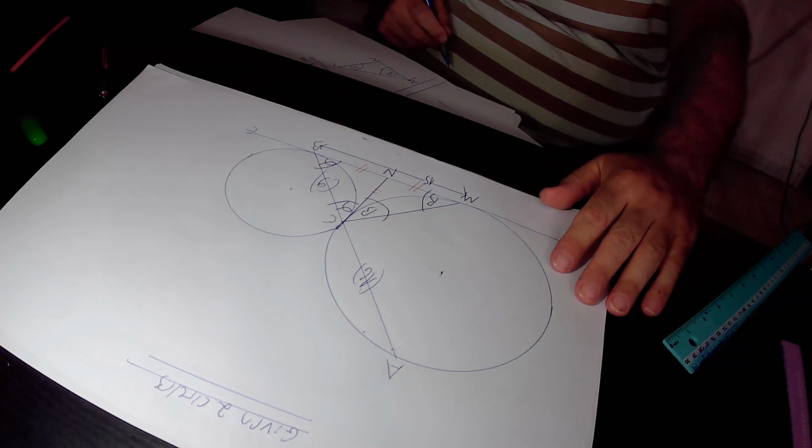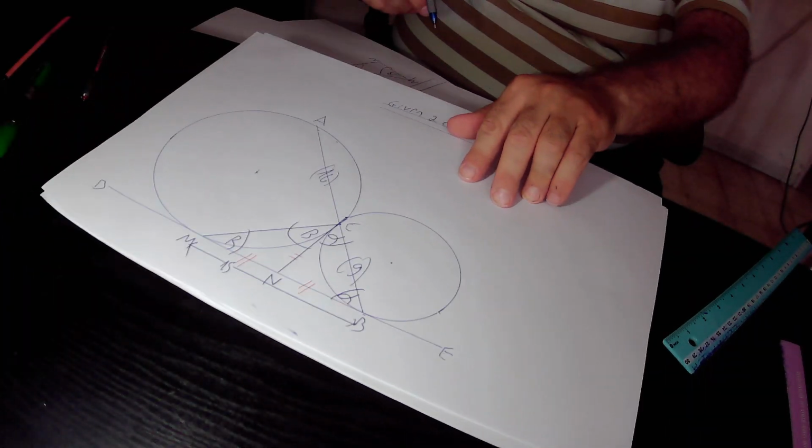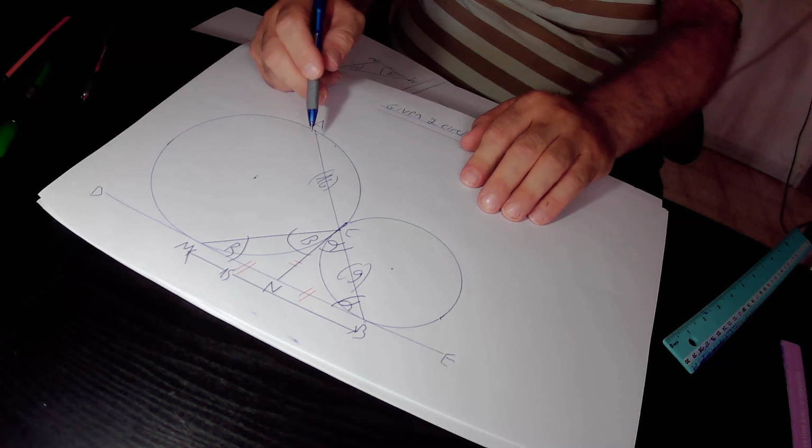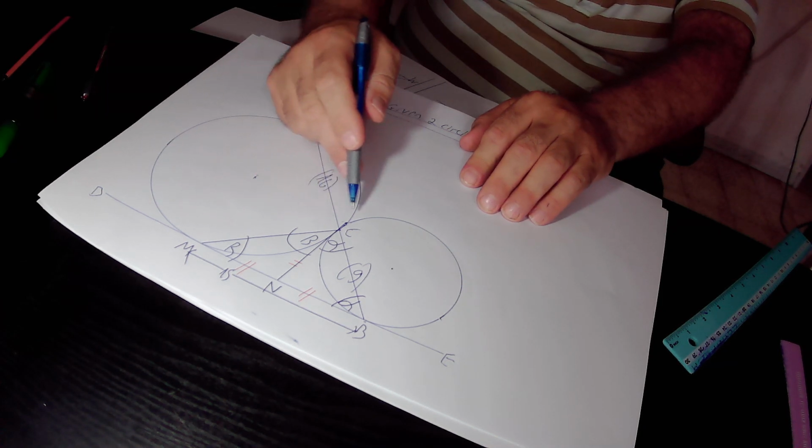In the next step, I'll copy the big triangle MCB in a new page and we'll analyze this big triangle MCB.